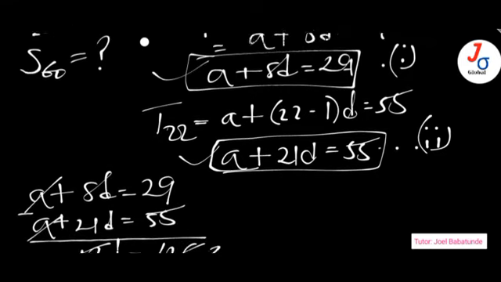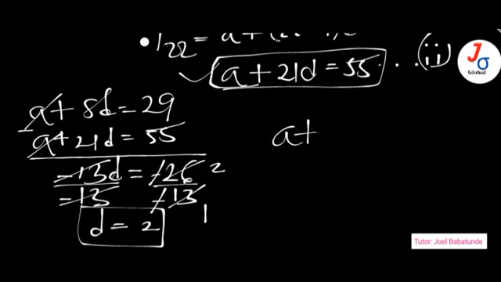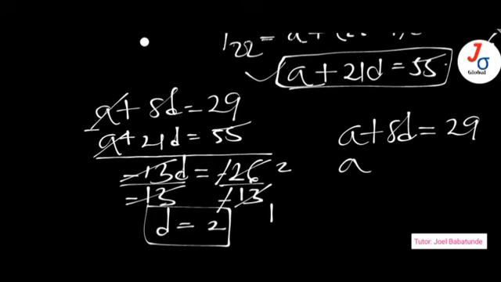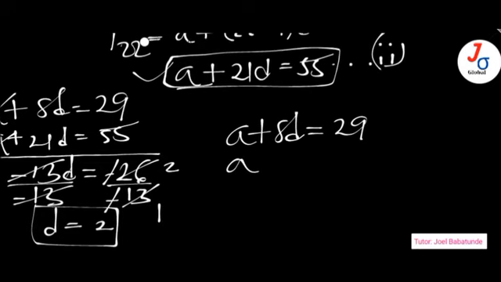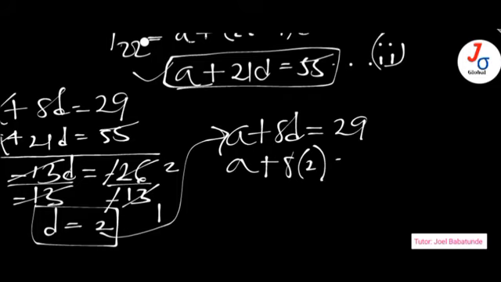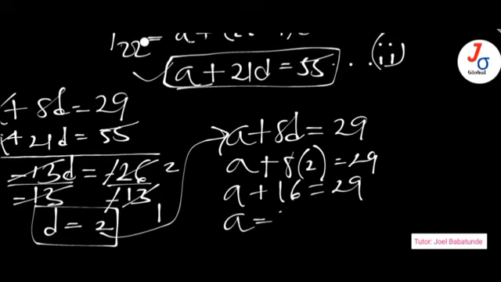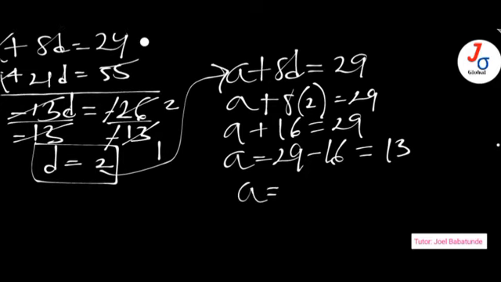Let me use equation 1: a plus 8d equals 29. Putting d equals 2 inside, I have a plus 16 equals 29. Then a equals 29 minus 16, which equals 13. So a equals 13.